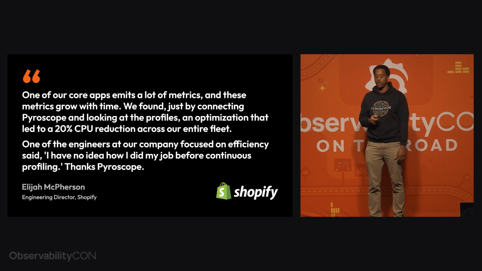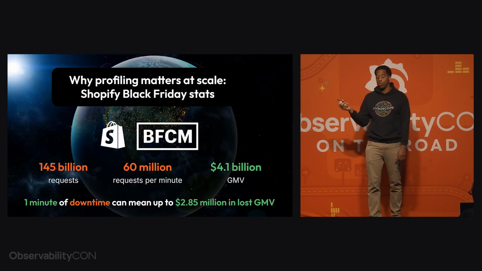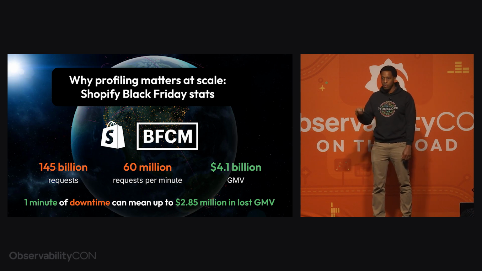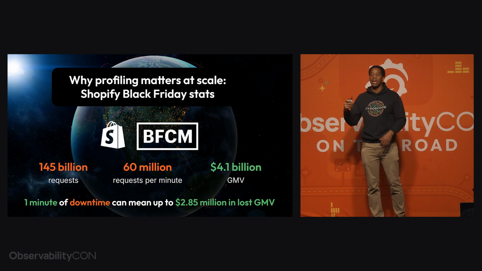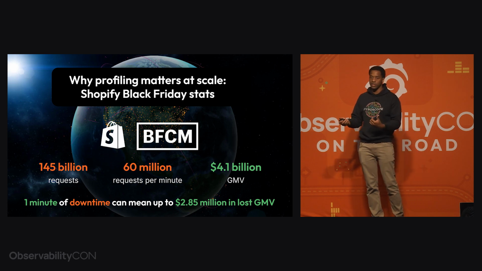Everybody's using their online stores to buy a lot of things. For them, 1 minute of downtime can mean up to $2.85 million in lost revenue. So every minute is extremely important, and understanding where their resource allocation is and making sure that they have the proper amount of resources allocated is the difference between them losing millions of dollars and not.